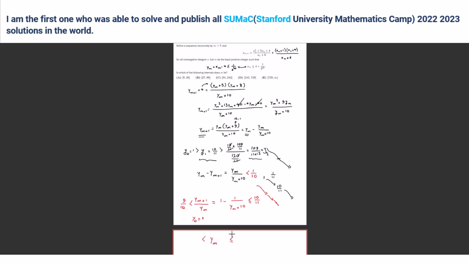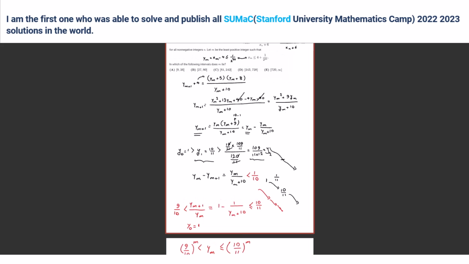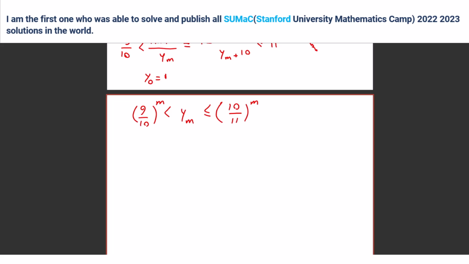Okay, ym is greater than 9 over 10 to the m times y0. Y0 is what? It's 1. Yes, so we can ignore that. And the upper bound equals what? 10 over 11 to the m. Exactly. So these are similar numbers, close numbers.